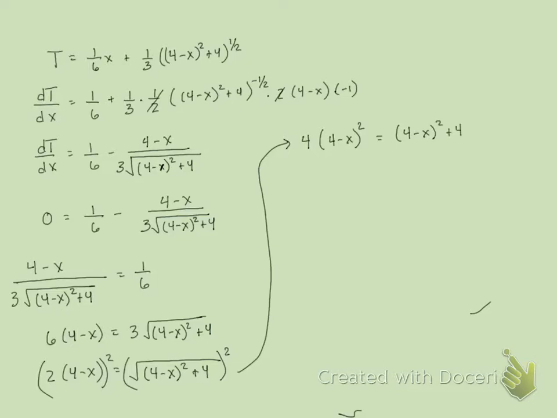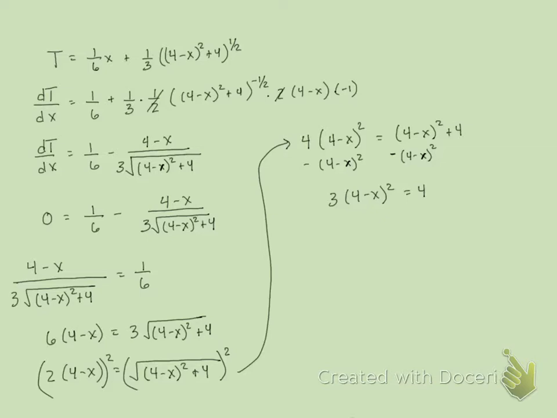And now, these little pieces I want to get rid of. So now let's subtract this 4 minus x squared from both sides. So I'm going to subtract this, and I'll have 3 times 4 minus x squared equal to 4.